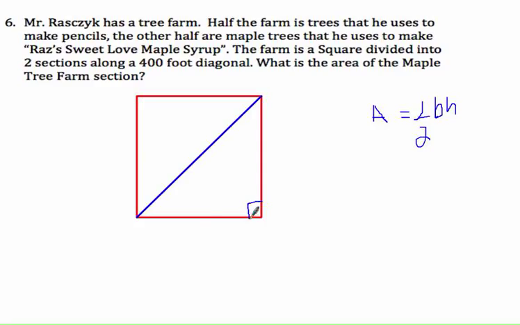You have to ask yourself, what do you know about squares? So these two sides have to be the same. And we know that this is 400. Now remember, you have to answer the question, not just what you think that they're asking. So part of me would stop at finding the two sides, but they ask for the area. So I'm going to let you finish out that problem.